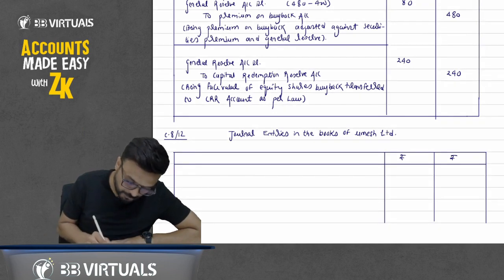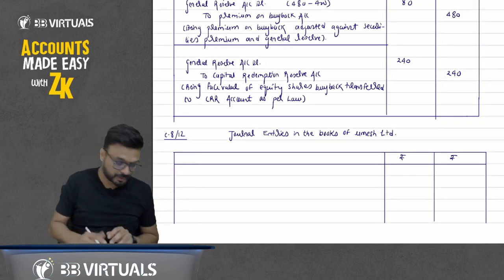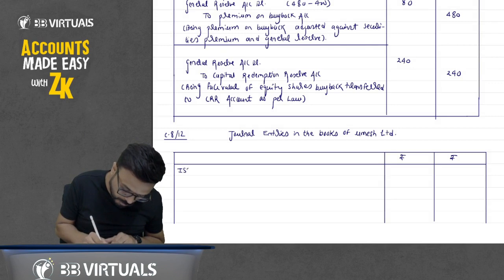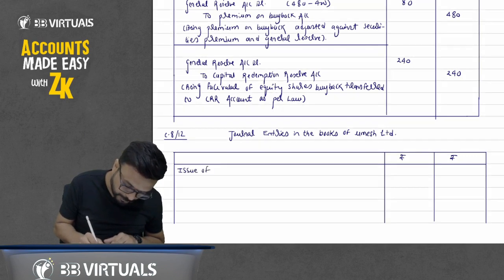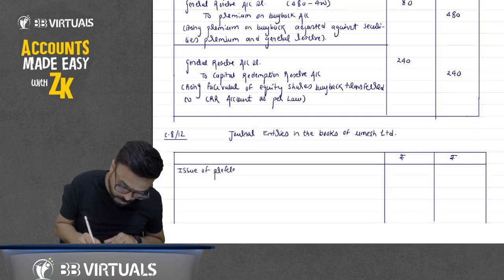Okay, first we will pass the entry of issue of shares. So give the heading here, issue of preference shares. We are issuing preference shares.